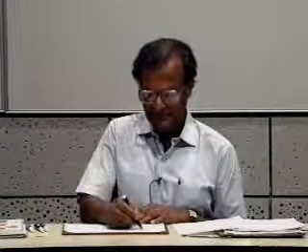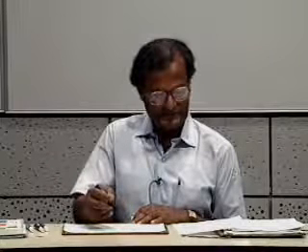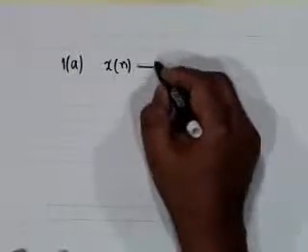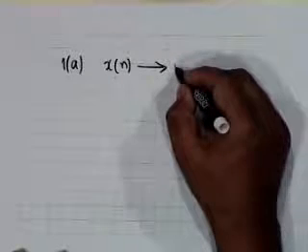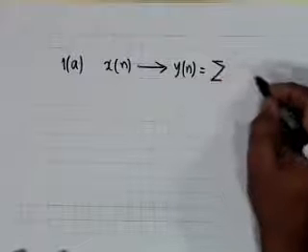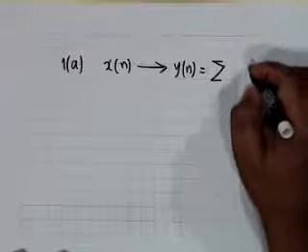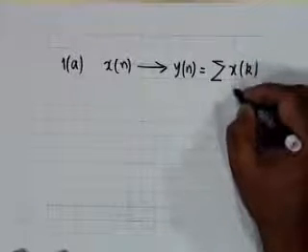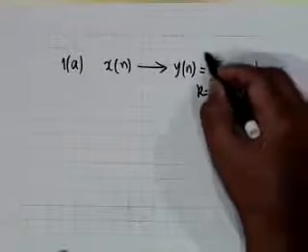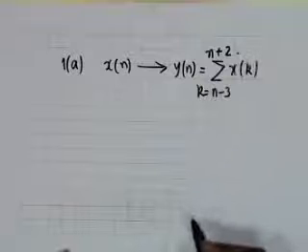The first problem in the minor was that the response of a linear system to an input x of n is y of n, which is the sum of x of k, where k goes from n minus 3 to n plus 2.